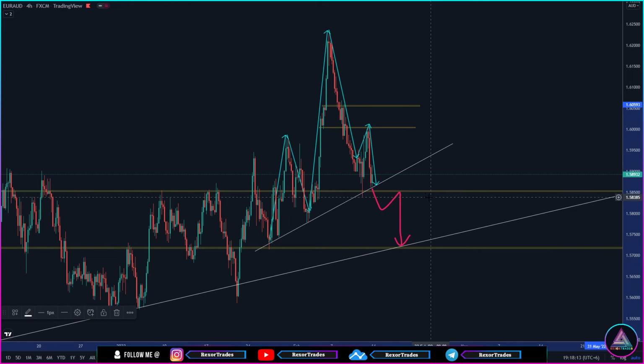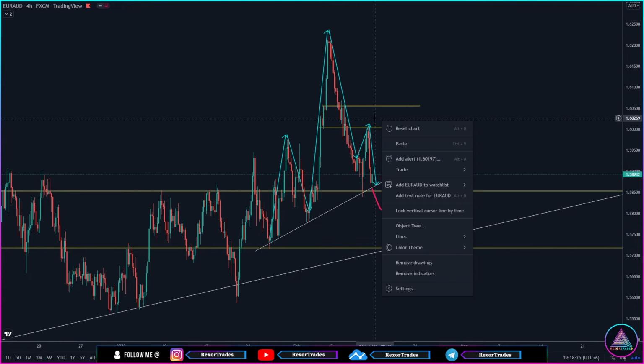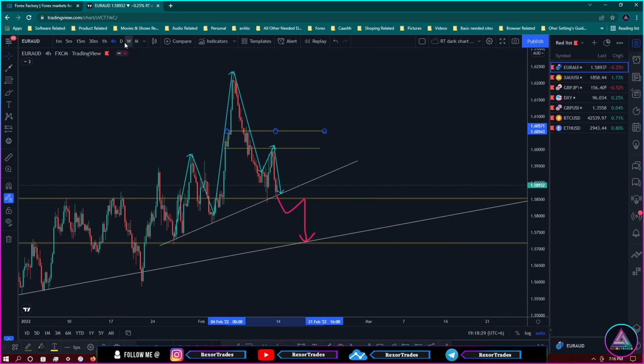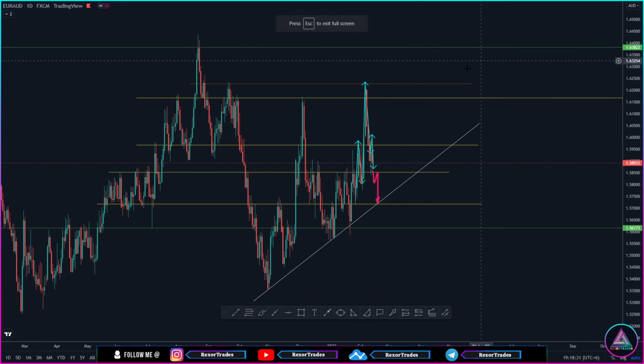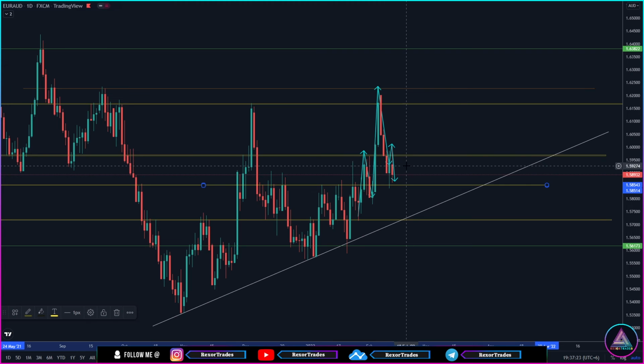However, if with further bullish move EURAUD makes a breakout and close above this key zone, then you can look for trades on the long side in hopes of EURAUD reaching towards this key zone or all the way to retest this key zone right over here. But since the ranging phase in between this and this key zone is pretty high, you can also trade in between these 2 key zones as well.